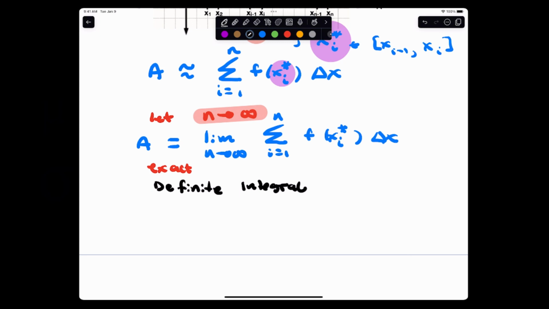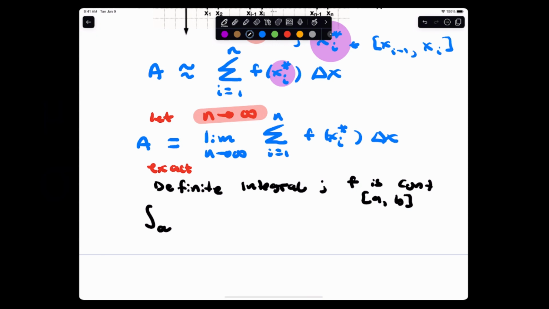And that's in your book. Yes, it assumes again f is what? Continuous over that interval [a, b]. That's an important thing. Okay, f needs to be continuous over the interval [a, b].